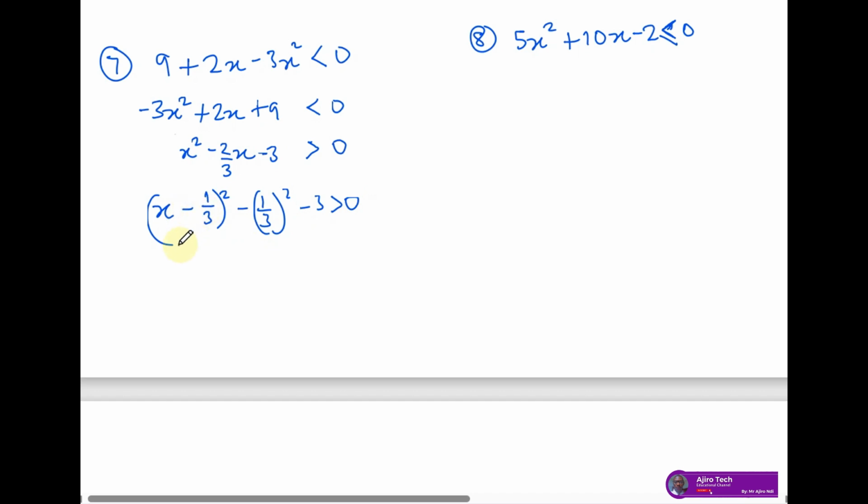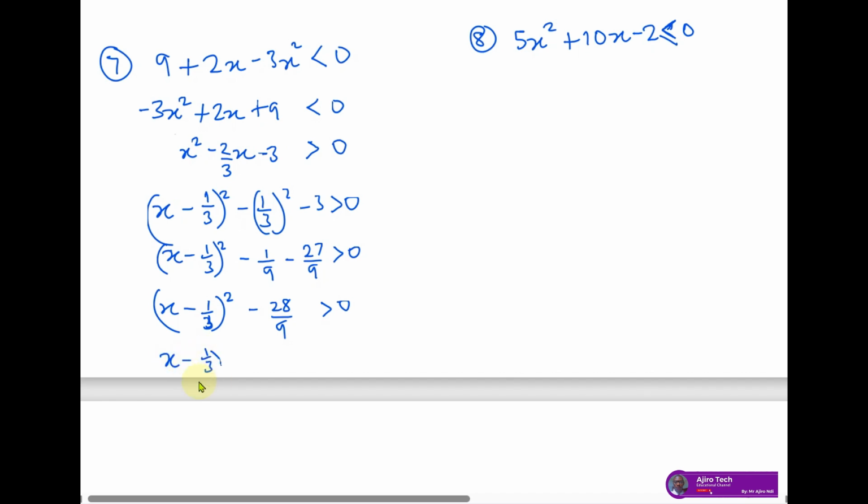So you can say this is x minus 1 over 3 squared, minus 1 over 9 minus 27 over 9 greater than 0. X minus 1 over 3 squared minus 28 over 9 greater than 0. Now, I can take this one across to the other side, so I have x minus 1 over 3 squared is greater than, taking it across becomes positive, 28 over 9.